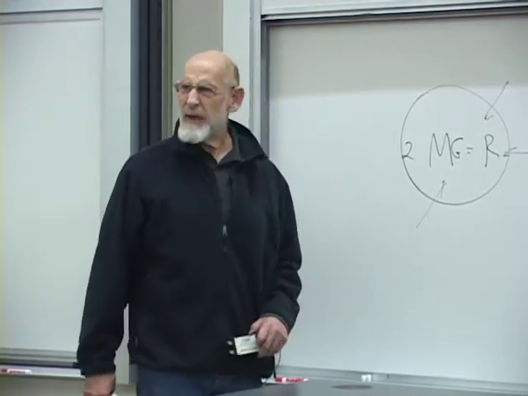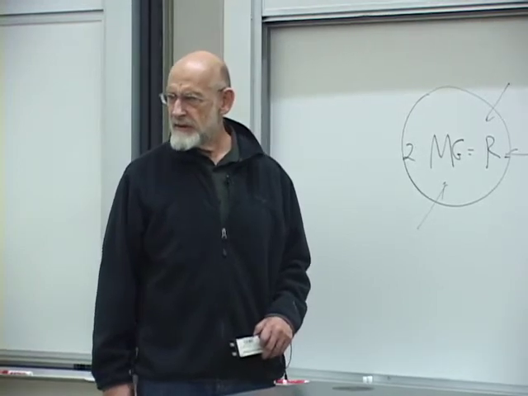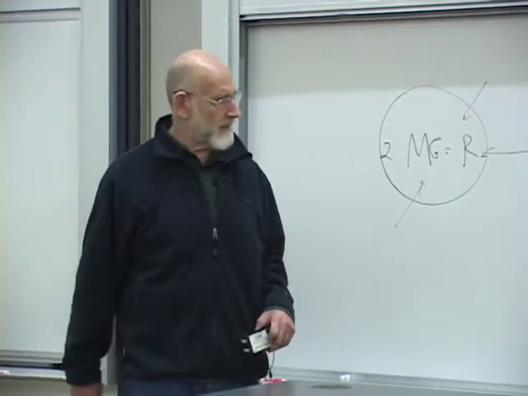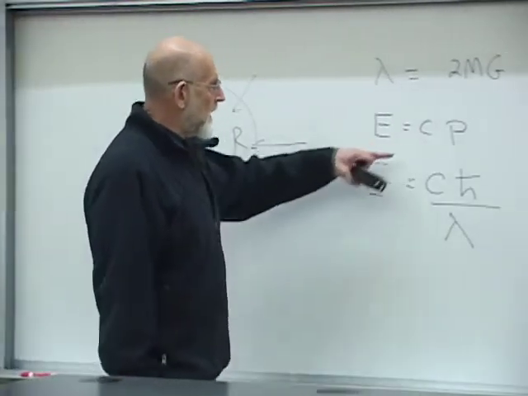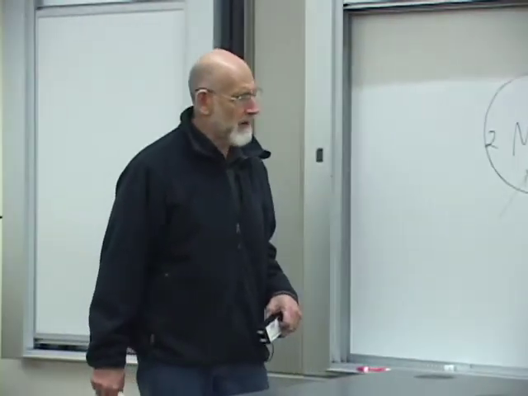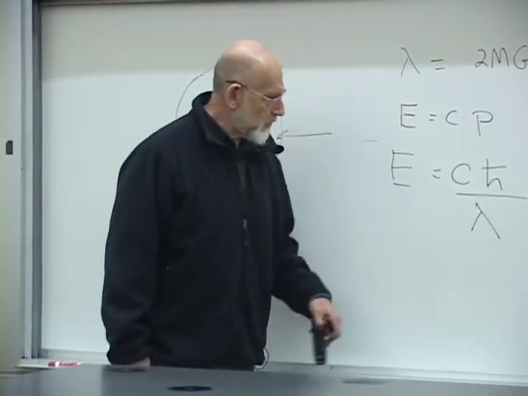I can't remember. It is c times p. That's not important. Let's forget 2 pi's. Order of magnitude, energy is ch over lambda.